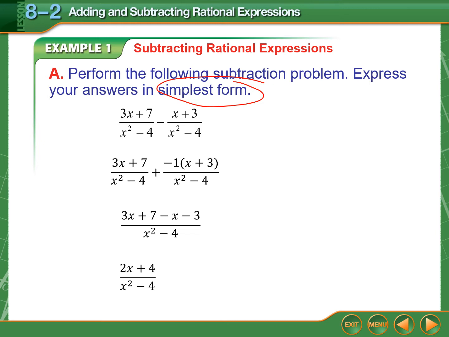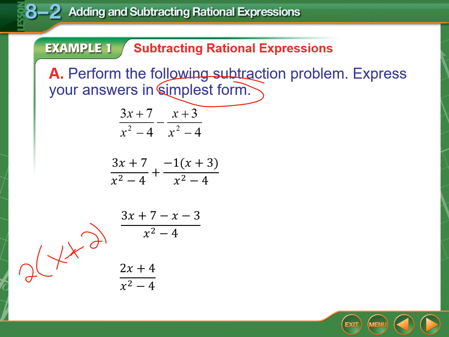So let's go ahead and factor the numerator. If I look at the numerator, it shares a 2. If I factor a 2 out, my binomial is going to be 2 times x plus 2. And so there's my numerator. If I'm factoring my numerator, I have to factor my denominator.